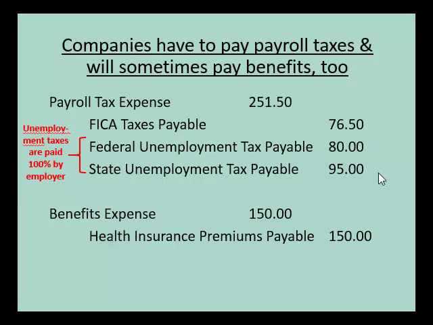Any time that I tell you about unemployment taxes in a payroll problem, always know they're paid 100% by the employer, by the company. So those are always going to get debited to payroll tax expense. And you'll see I credited liability accounts because we're not paying those payroll taxes now, but we're going to, and until we pay them, we're putting them into a liability account.